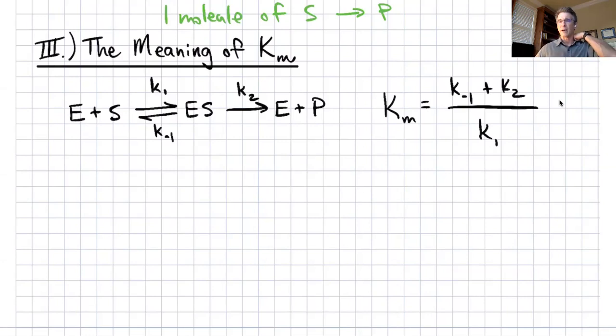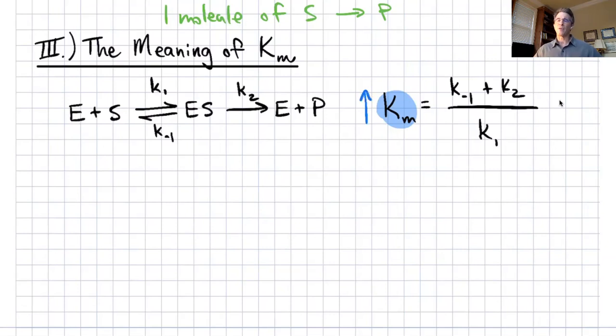If an enzyme is correctly described by the Briggs-Haldane steady state mechanism, as I've written it here, there are two ways to get a high Km. You want to think about Km as a dissociation constant: the larger Km is, the weaker you would think the binding was.